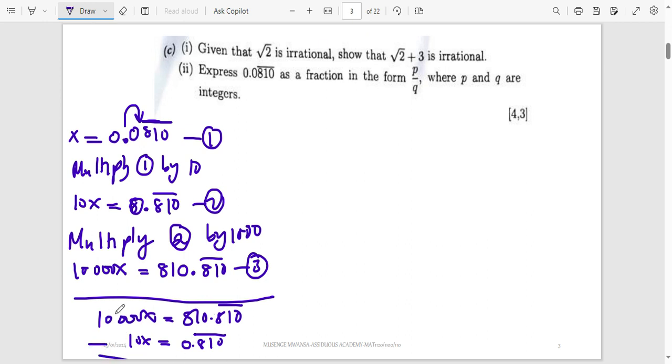When you subtract 10,000x minus 10x, 0 minus 0 there is 0. So we remove a 1 from this 10 to remain a 9. We bring it here, it becomes 10. We remove a 1, it remains a 9. Put it here, becomes a 10. So 10 minus 1 is a 9, and then you have the other 9.